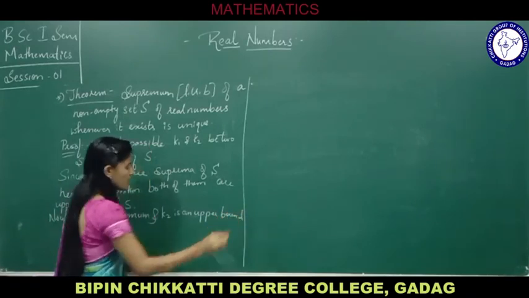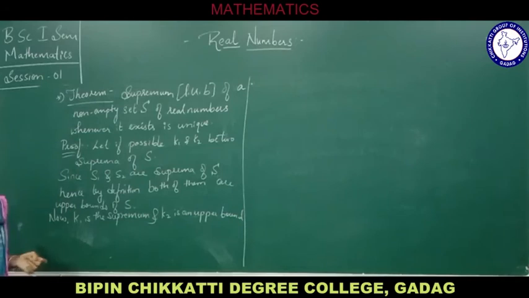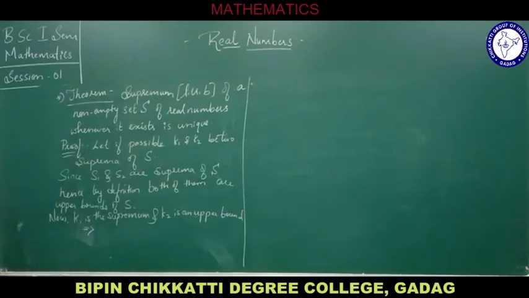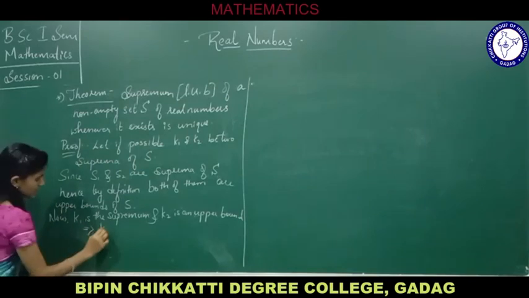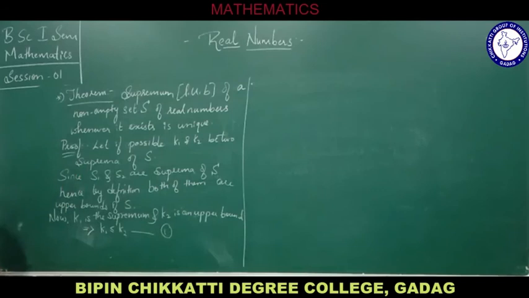Then what is going to happen? This implies that K1 is less than or equal to K2. Let us consider this as equation 1.